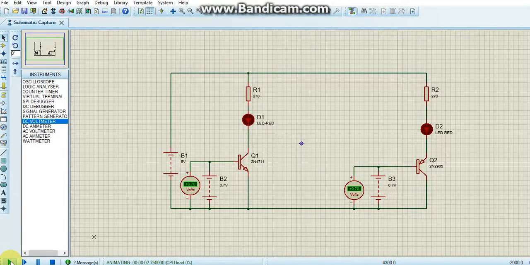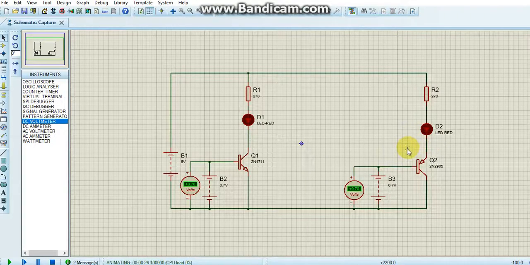Now the R2 resistor is still the same, current flows through this transistor. As you can see, the voltage difference between the emitter and the base is more than 0.7 volt.